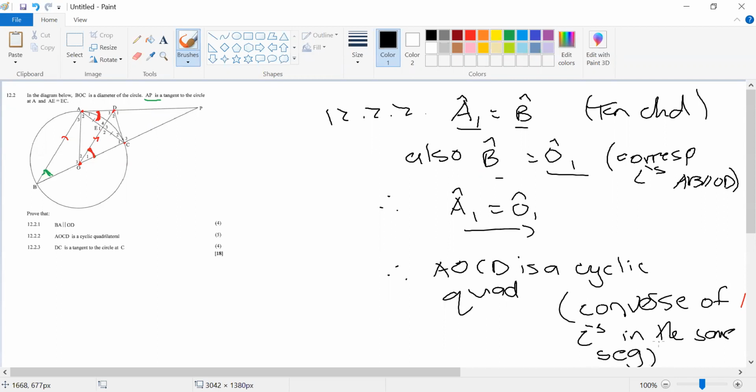So the whole takeaway from this is, in the first part of this question, we had to kind of prove tan chord theorem, right? So we knew that, okay, I didn't use it for 12.2.1. For 12.2.2, I couldn't really see where to start. So let me start from the tan chord theorem part and see where that takes me. And then we started noticing, okay, I can get whatever this was equal to be equal to something else.